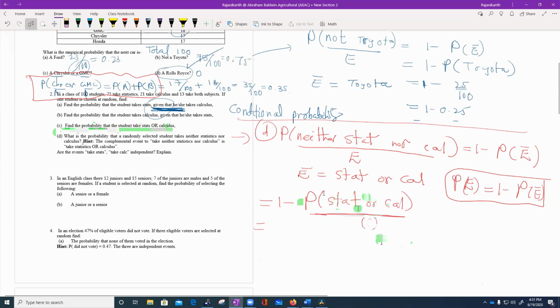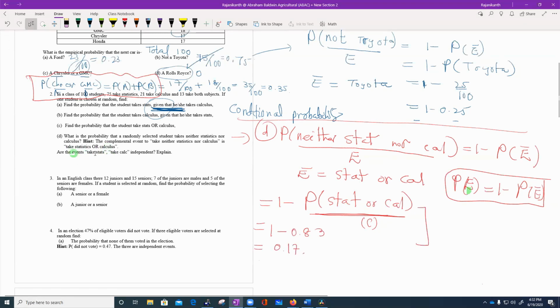What was the answer we got for part C? 0.83. Therefore, simply plug in 1 minus 0.83. If you understand this concept, you see you have only 2 steps. So the answer is 1 minus 0.83, which is 0.17. What was the key here? The key was this formula.